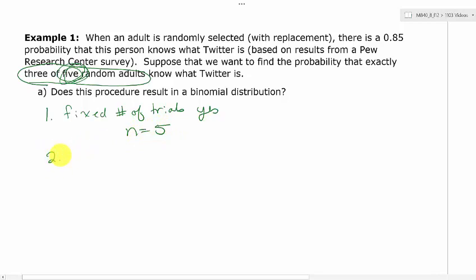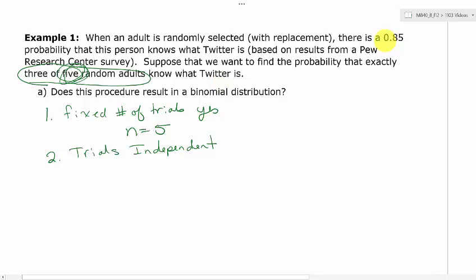Number 2 is, are the trials independent? And the answer to this is yes. So the probability that you will get a success is going to remain the same no matter what. So the probability that the first person selected knows Twitter is 0.85.